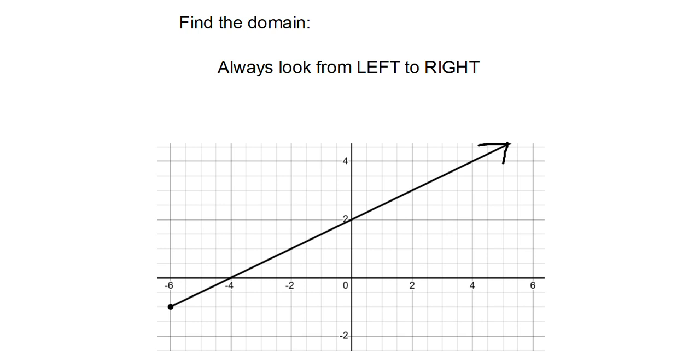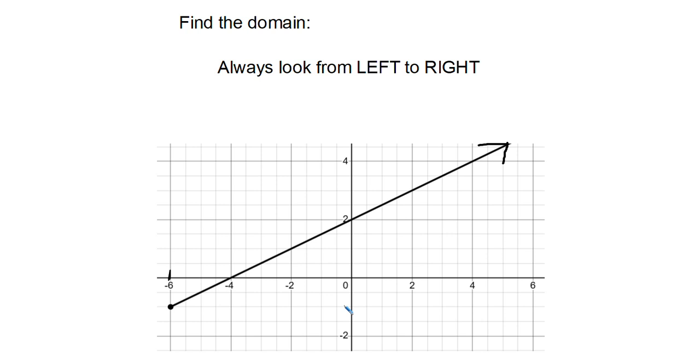For this one, as we look at the x values from left to right, we should see that the furthest left this goes is at this endpoint right here, where x is negative 6. Make sure you use the x value, the value on the x-axis, not the value on the y-axis. We don't want to use any y values when we're talking about domain, just x values.